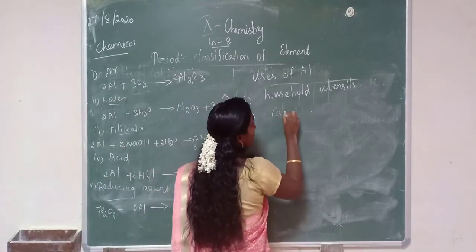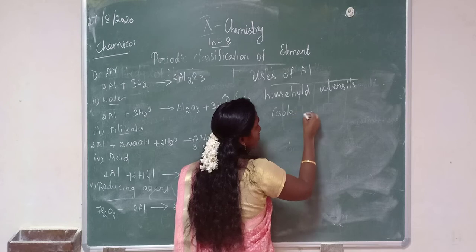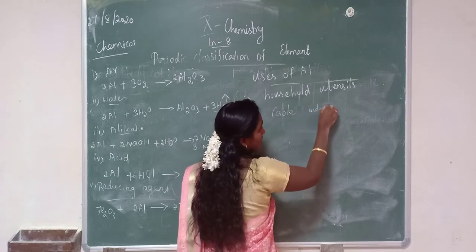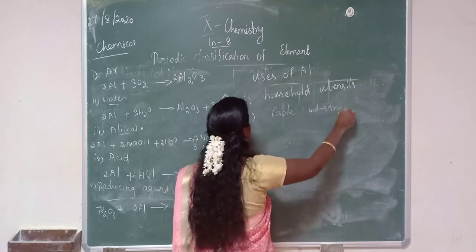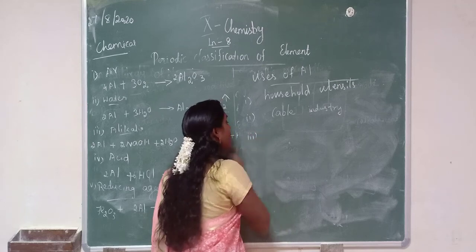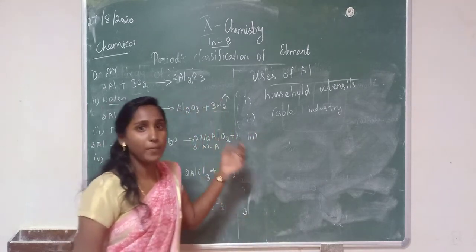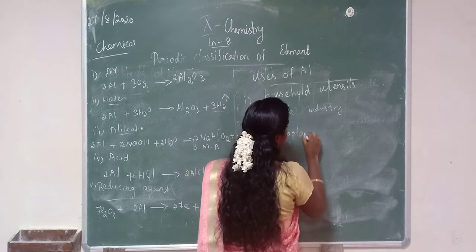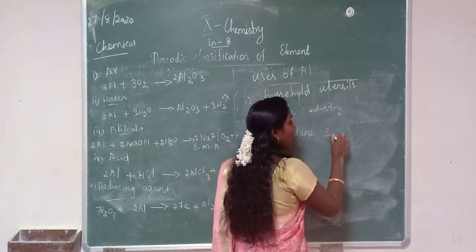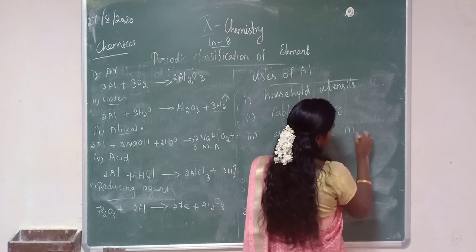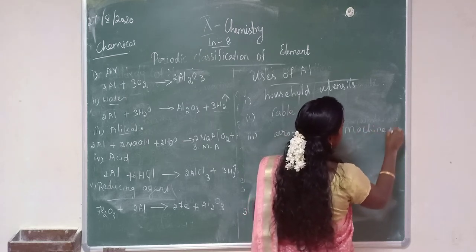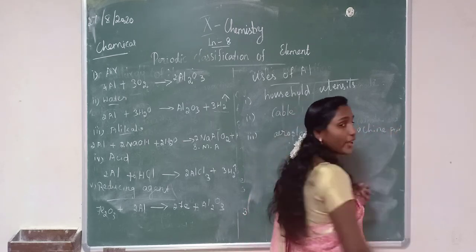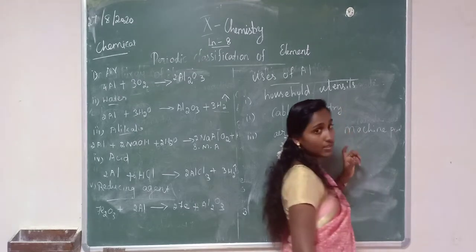The cable wire, it is used in cable industries. Then third point, aluminium is used to make aeroplane and other industrial machine parts.